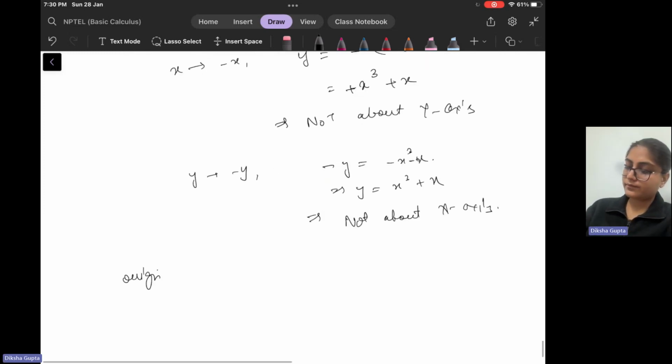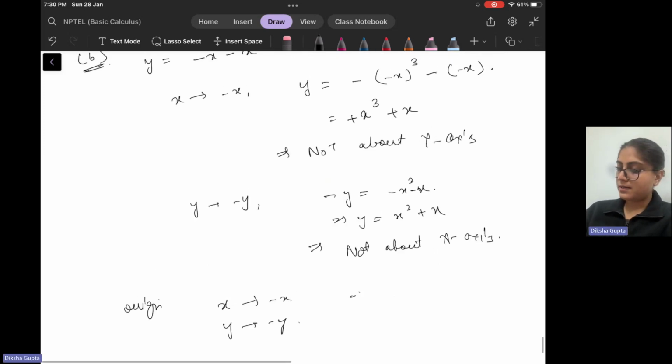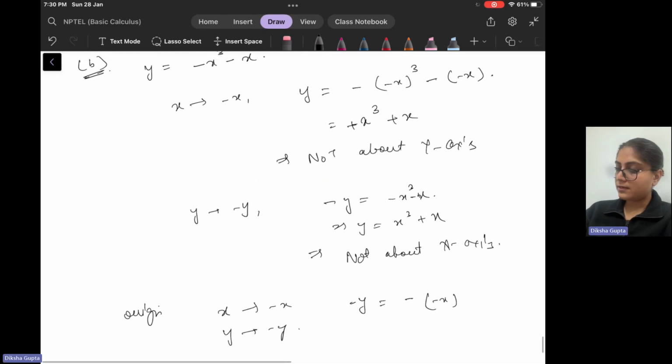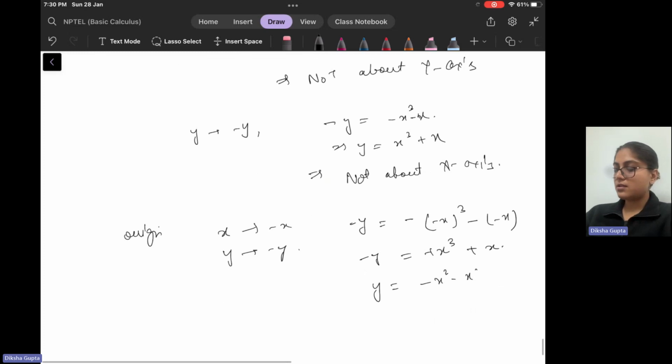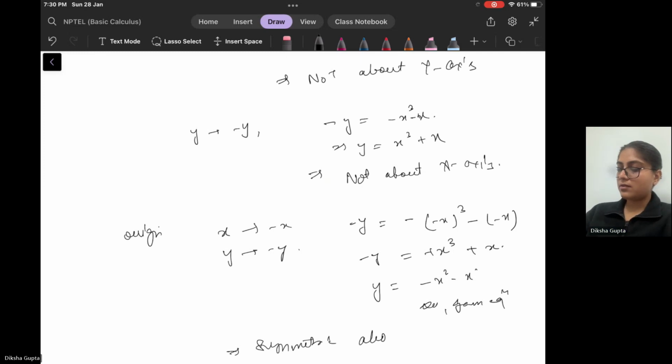Origin: replacing with minus y, we get minus y equals minus of minus x cube minus of minus x, which gives minus of x cube plus x. Taking the minus here, y equals x cube plus x, so it is not symmetric about the x and y axis, but it is symmetric about the origin.